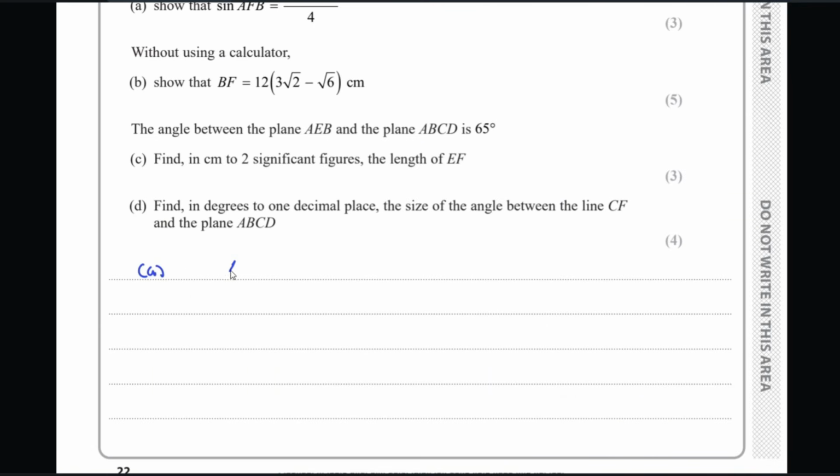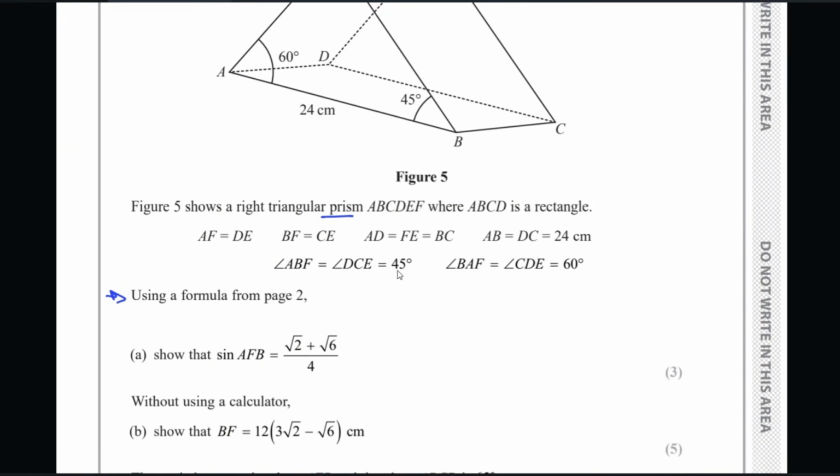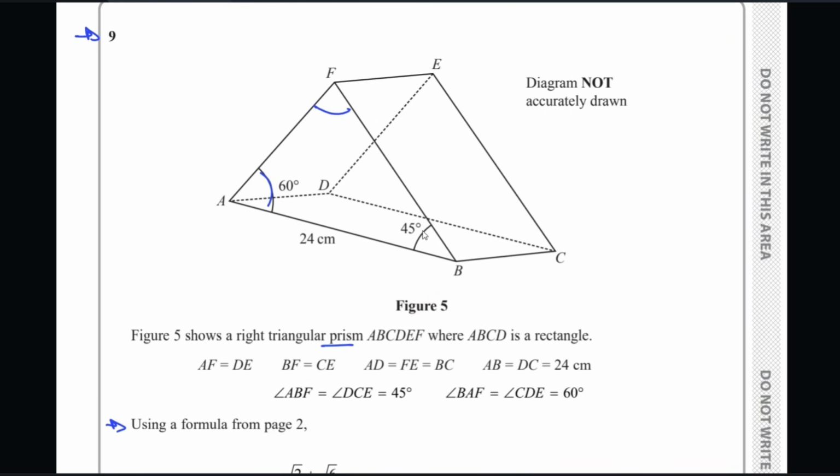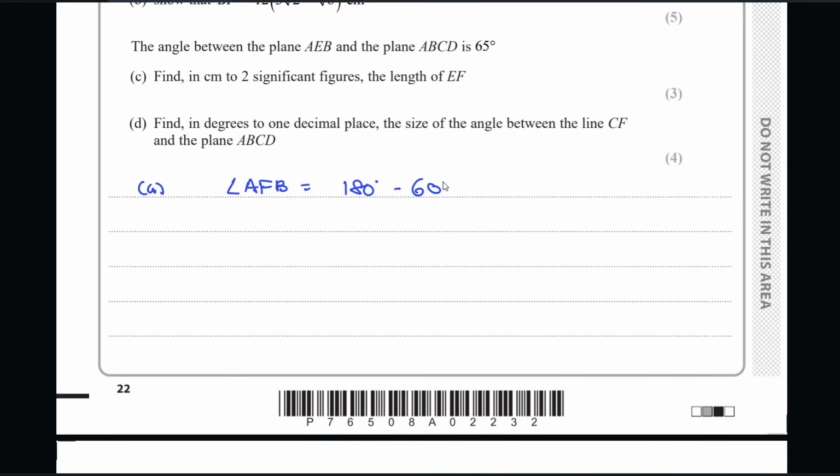So angle AFB would be equal to 180 degrees minus 60 degrees and 45 degrees. 60 and 45, when we add them, we get 105. If we subtract 105 from 180, we get 75. Angle AFB is equal to 75 degrees.